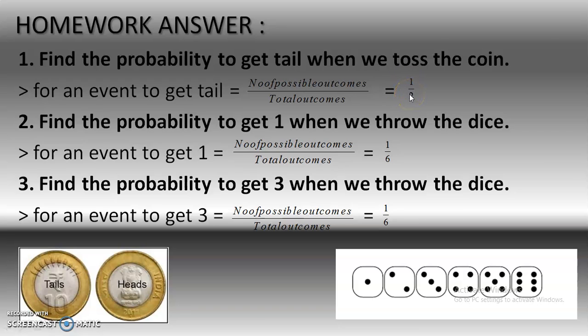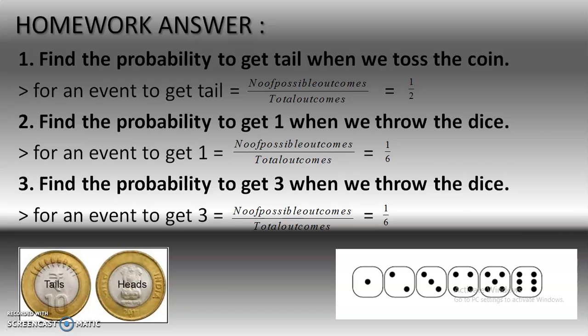Got it? Now second question, find the probability to get 1 when we throw the dice. See, here we have only one side of number 1. So for an event to get 1, number of possible outcomes is 1 and total outcomes are 1, 2, 3, 4, 5 and 6. So 1 upon 6.